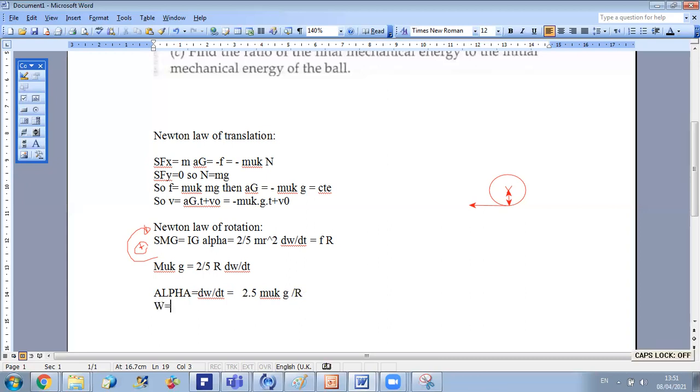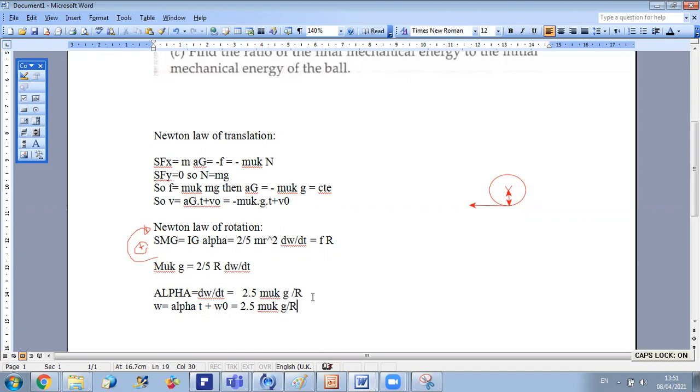So omega is equal to alpha t plus omega 0. And since omega 0 is 0, يعني omega is equal to 2.5 times mu k times g over the radius.